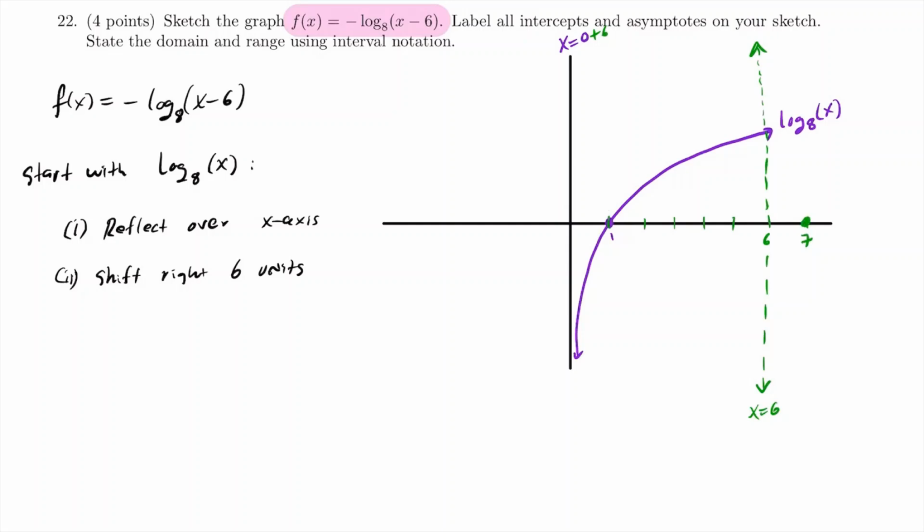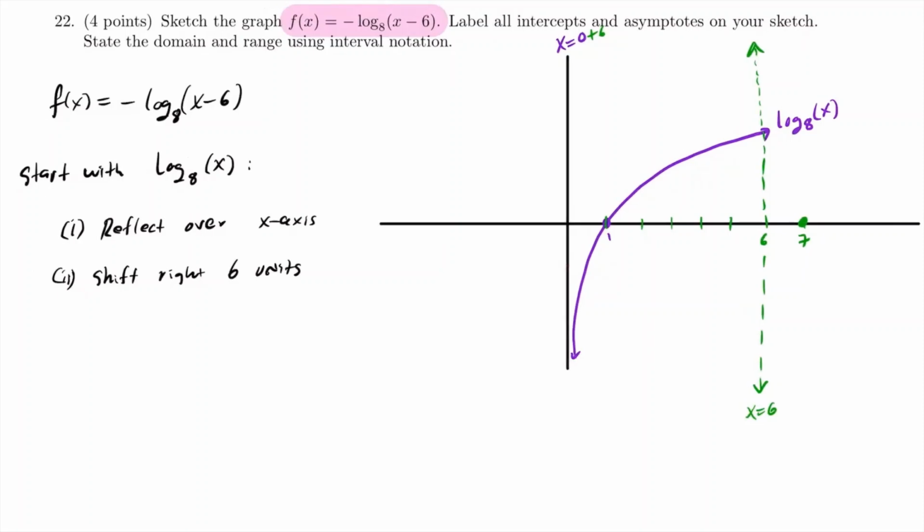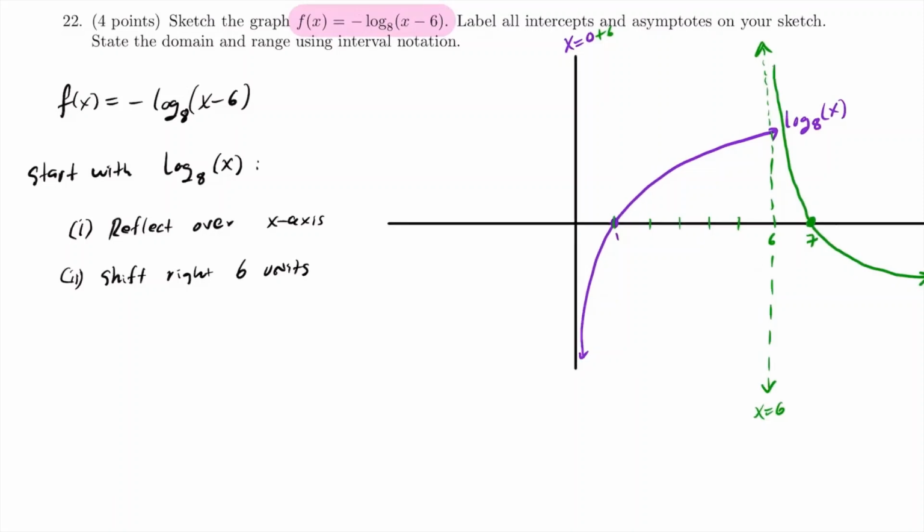So I'm going to extend my x's a little bit so that it's easier to observe. And we preserve the shape. So it was reflected. So it's going to look like this. So reflected over the x-axis and then shifted right 6 units. So that is our graph. So this is our final sketch. That is our function f of x equals negative log base 8 of x minus 6.